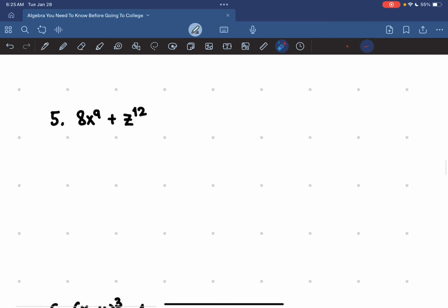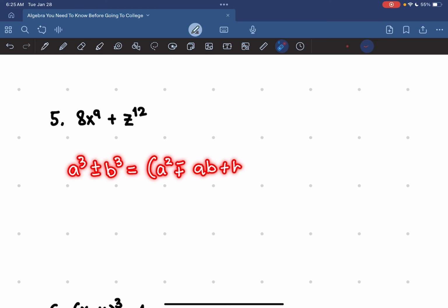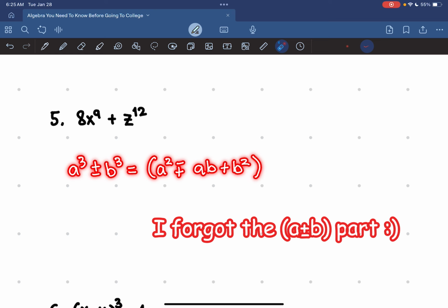Essentially here you just need to recall the formula given by if we have a cubed plus minus b cubed, this is equal to a squared, then this will be minus plus, I think. And then multiply the two base terms.